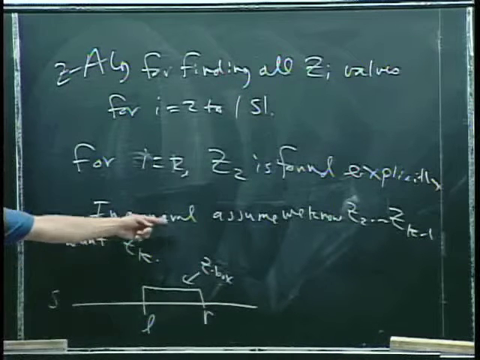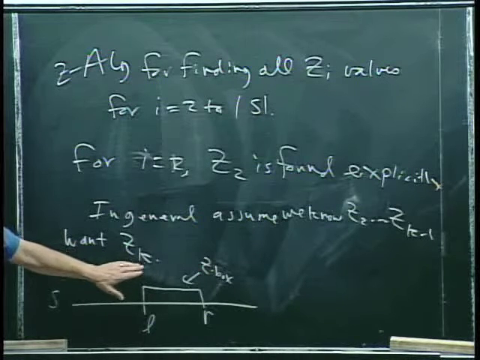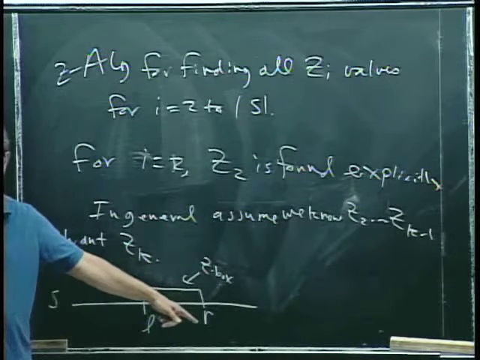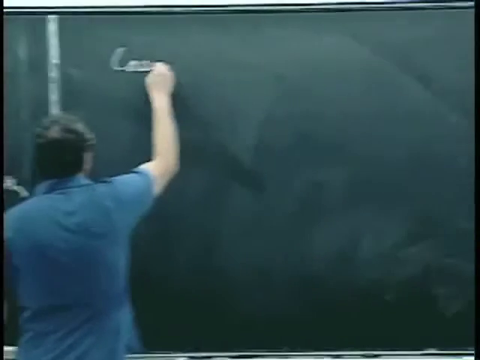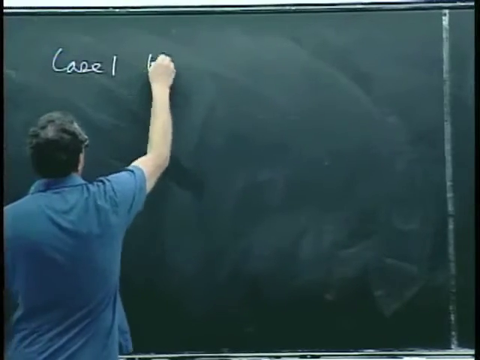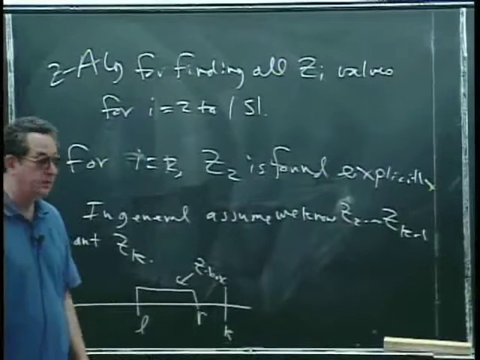So in general, when we want to compute ZK, we have cases based on what K is relative to R. The first case, case 1, is that K is strictly bigger than R. So in this picture, we might be out here, at K. So position K is not contained in a Z box.